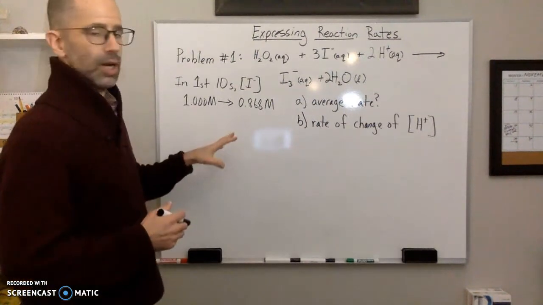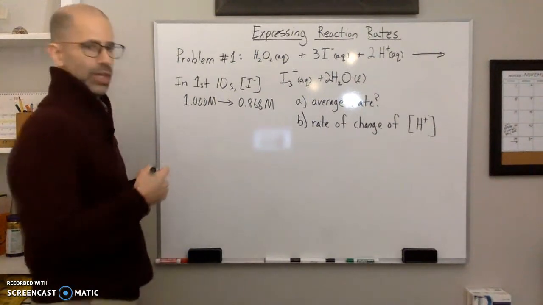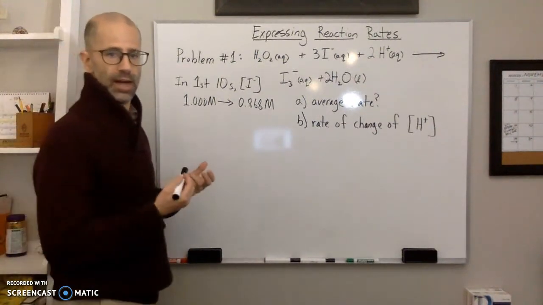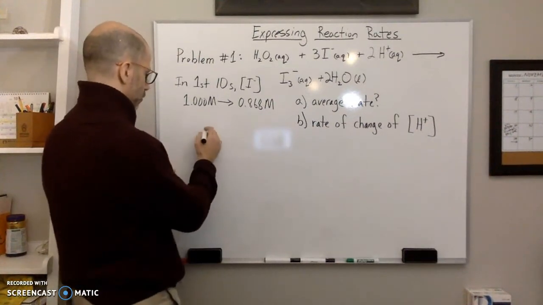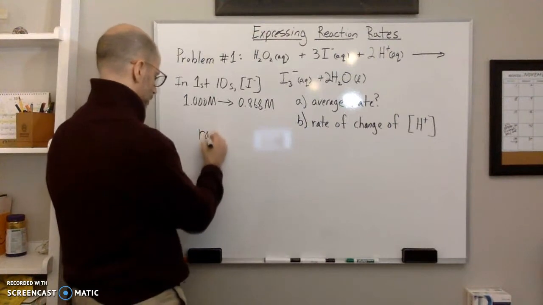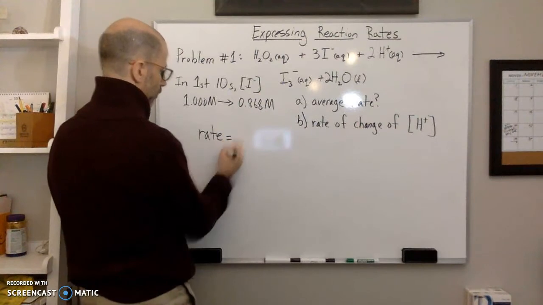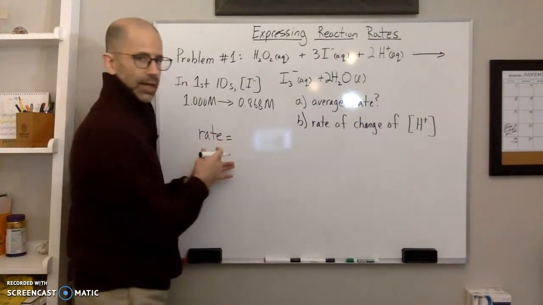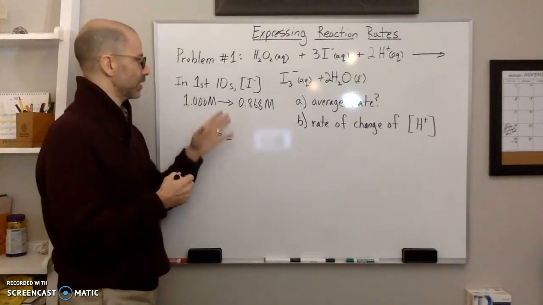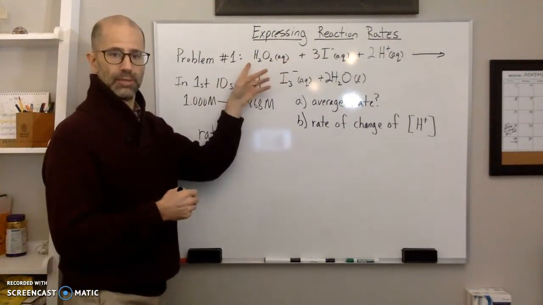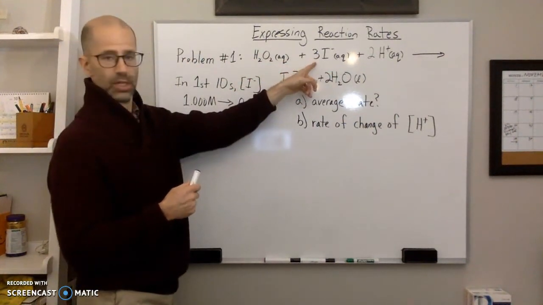Both of these are going to require the average rate of change. So there's that relationship that the rate of the reaction is equal to, and you have to factor in the fact that the different reactants are changing at different rates because of the coefficients.